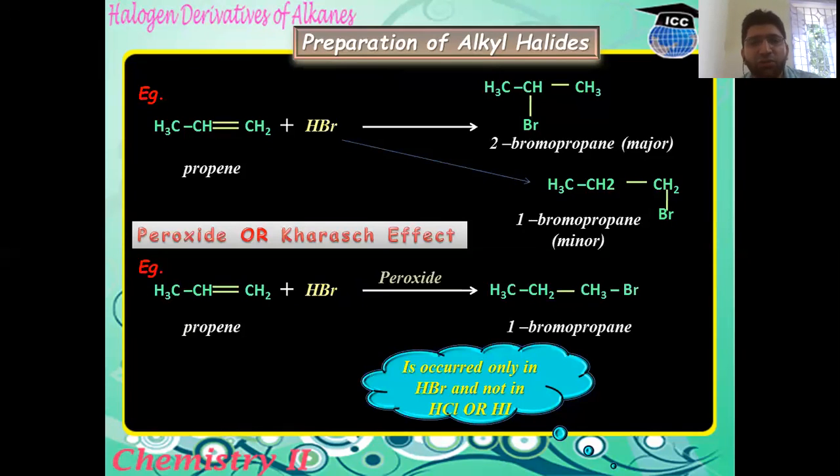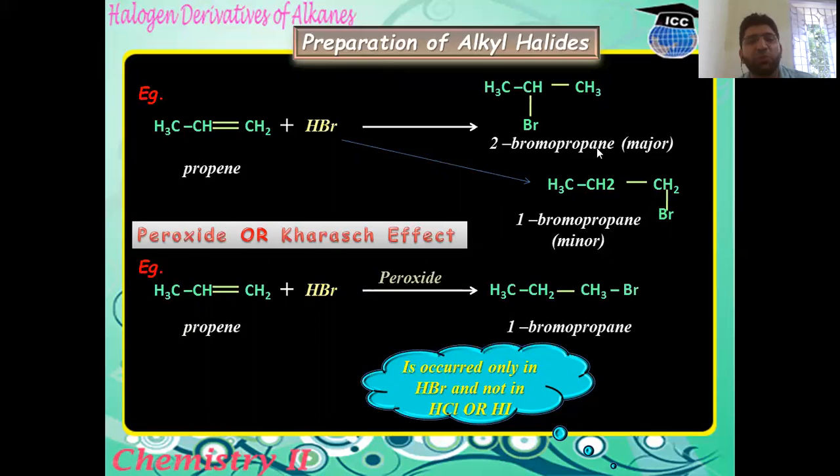According to this rule, the bromide part of HBr should add to carbon 2, and the product will be 2-bromopropane. We will get 2-bromopropane as the major product.